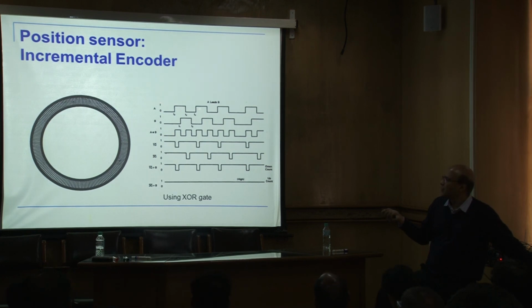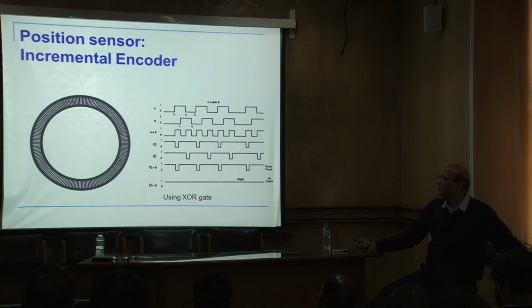Now, depending on how many highs and lows are there, that is the angle by which it is moved. Okay. So if you want to control the motor, move it to some position, you know exactly how many pulses should be there. So it can count those many pulses and stop when it reaches. Okay. So this is one experiment we have today in the afternoon, where you have to control the position of a motor by using an encoder with a microcontroller.